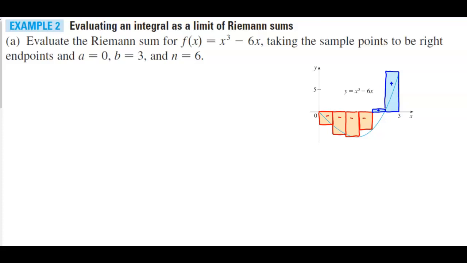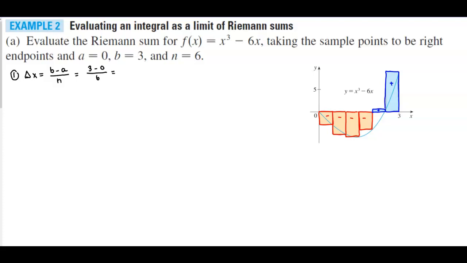Now let's figure out what our width is. Recall that the width, which is delta x of the rectangle, is going to be the value of b minus a over n. We know that b is 3, a is 0, and n is 6.